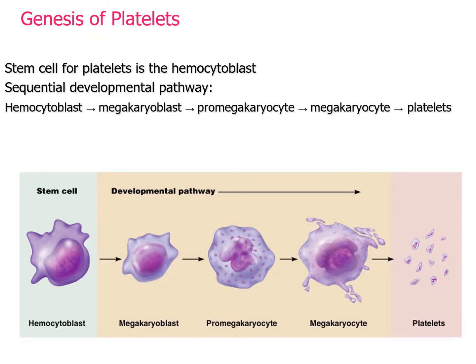Here you see the megakaryocyte differentiation pathway from a hemocytoblast stem cell to megakaryocytes, and you see here the platelets blebbing off of the surface and getting released into the peripheral blood.